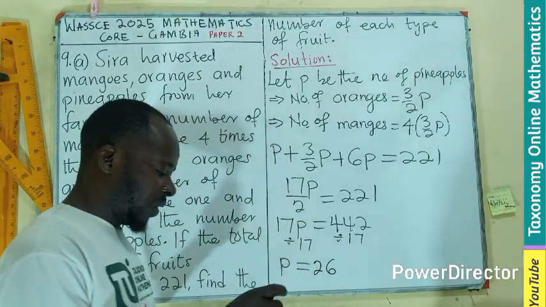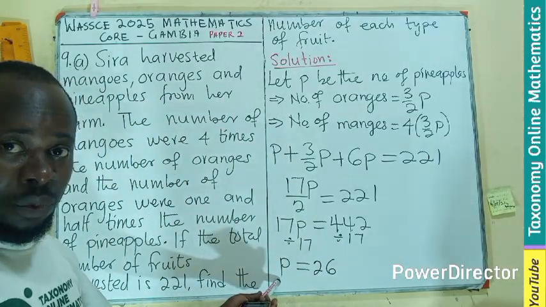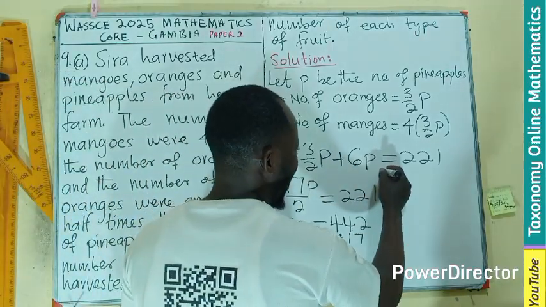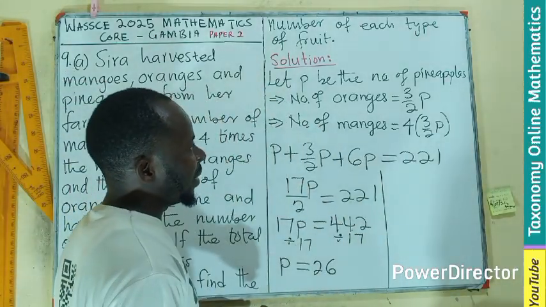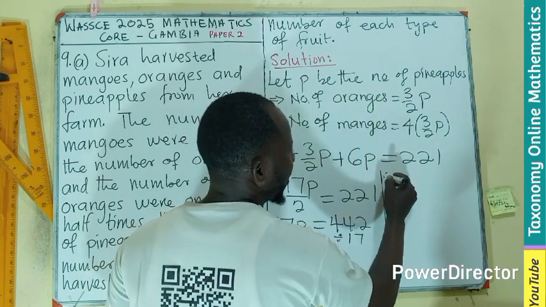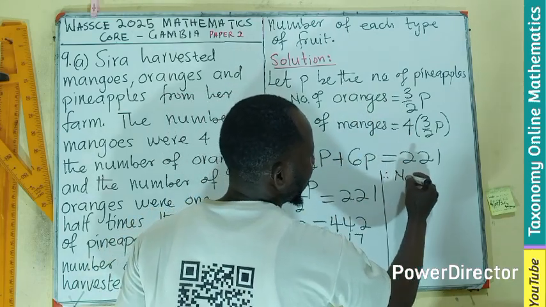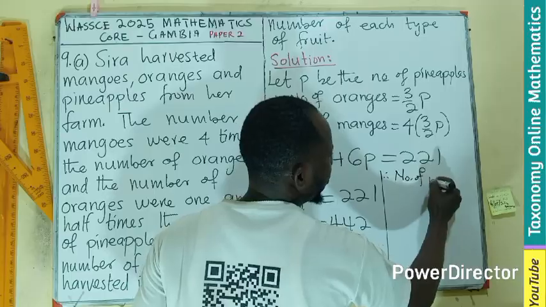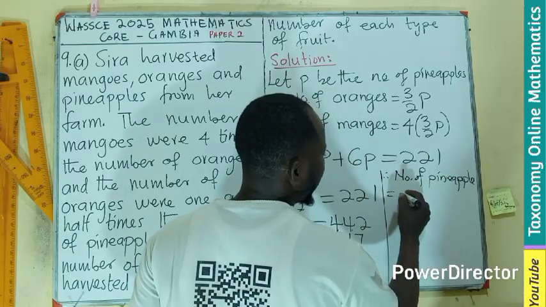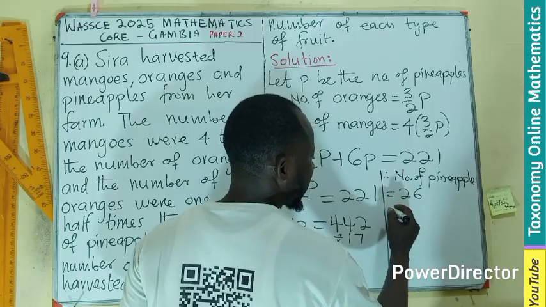So that means the number of P, which is the pineapples, is going to be 26. Then I can easily say that, therefore, number of pineapples is going to be 26.